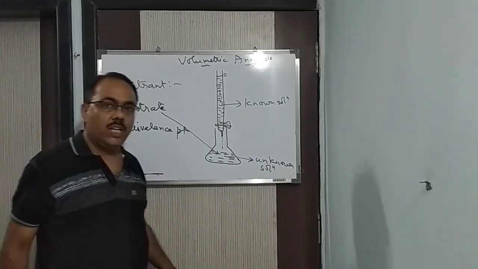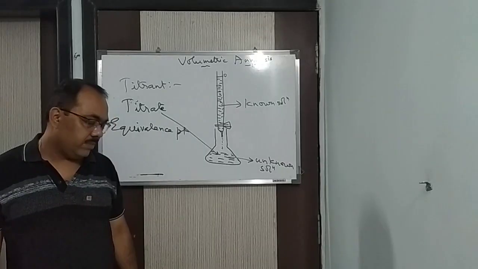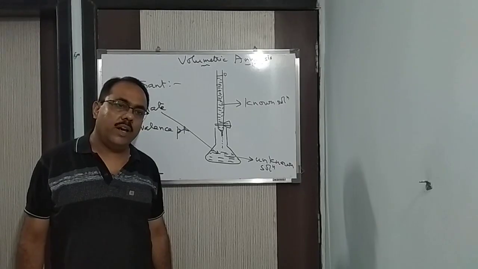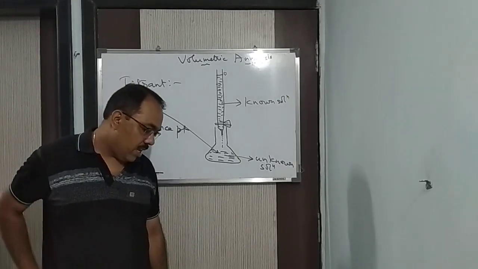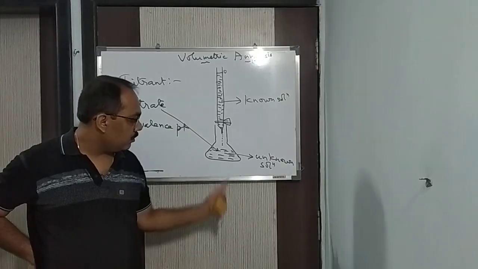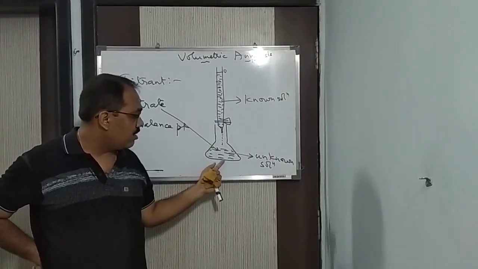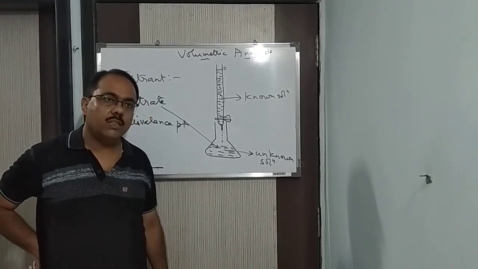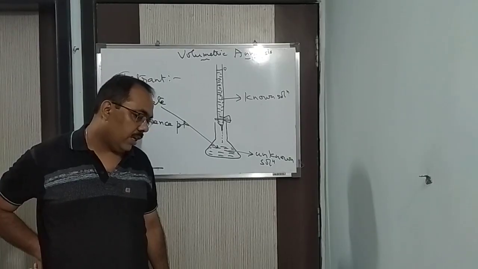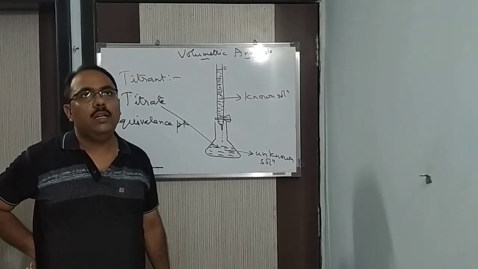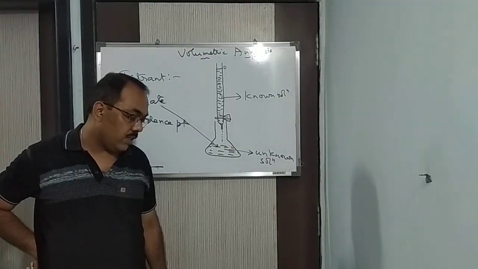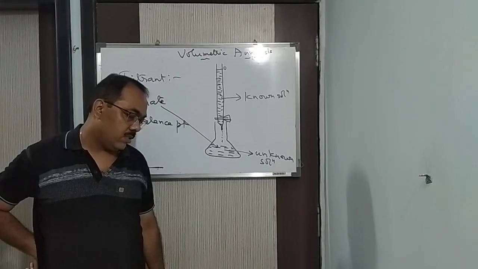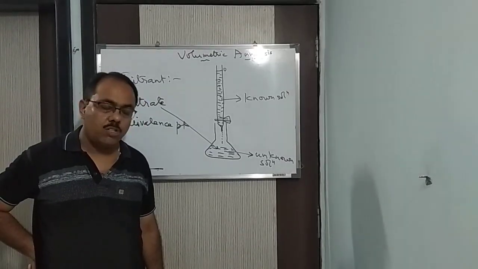Alright, so write down the definition of equivalence point. The point at which the reagent (titrant) and the substance (titrate) under investigation are chemically equivalent is termed the equivalence point, or end point, or stoichiometric point.